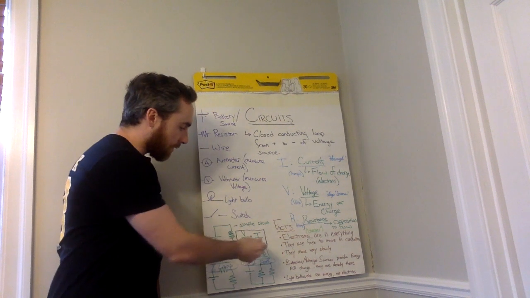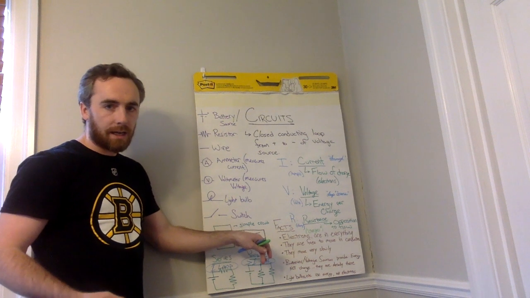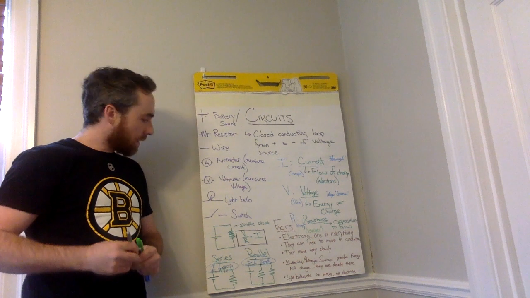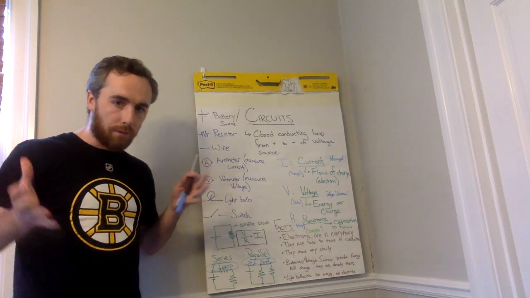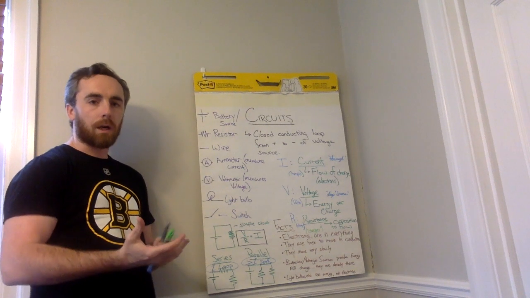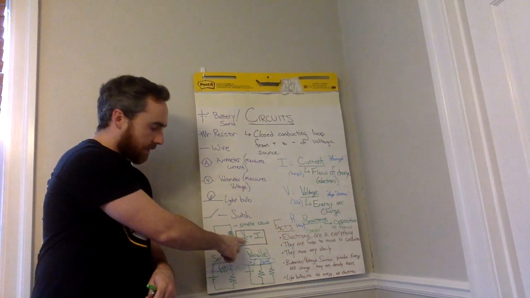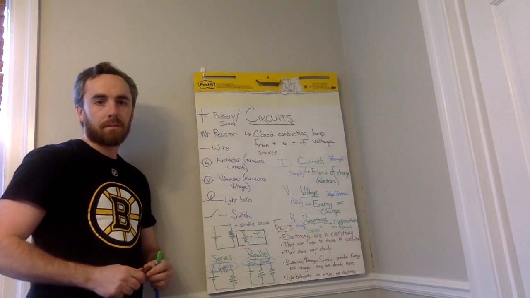We already looked at, or you already looked at, hopefully, the relationship between current, whose symbol is I, voltage, and resistance. Basically, the more voltage you have, the more push, and so you can get more current going through a resistor or a circuit. But if you have more resistance, this fraction gets smaller, and you have less current.